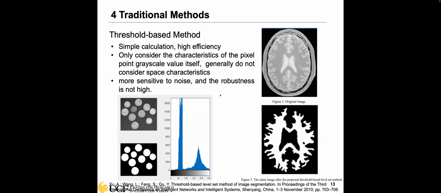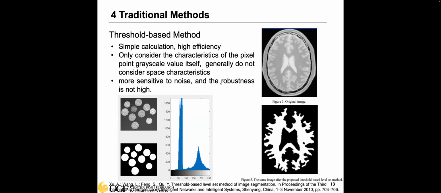But one limitation of this threshold-based approach is that it is very sensitive to noise. If you have some speckle noise, which may have some large values, you can easily make a misclassification or segmentation error.